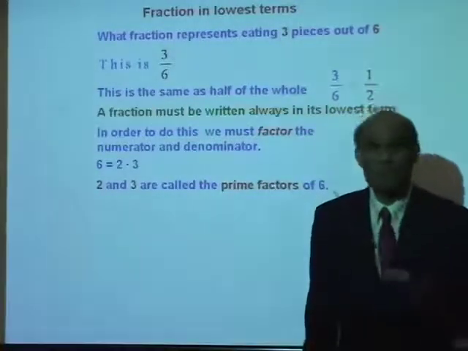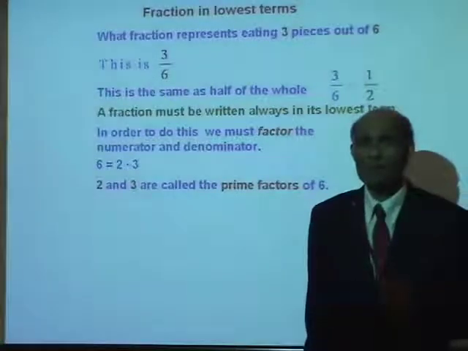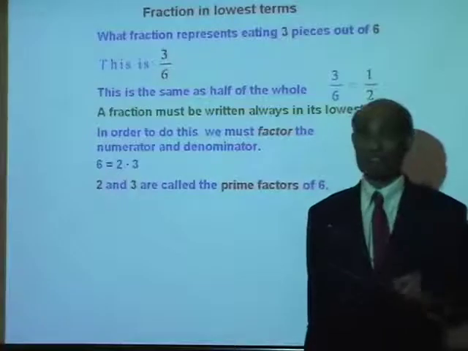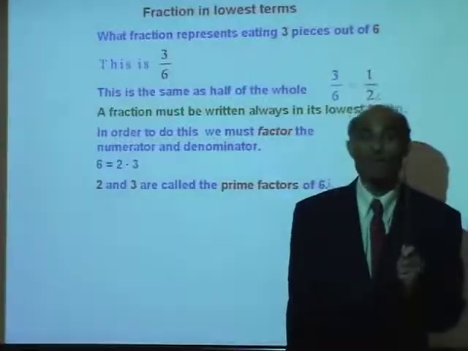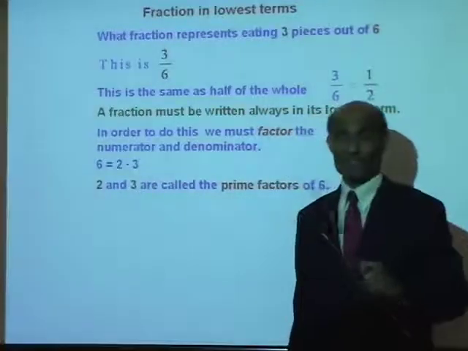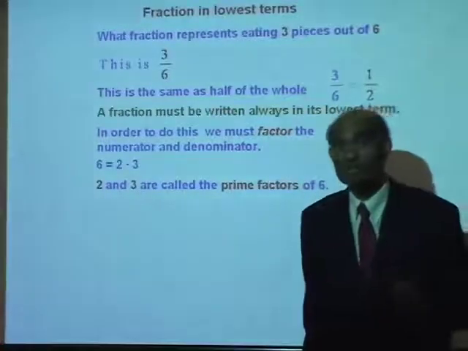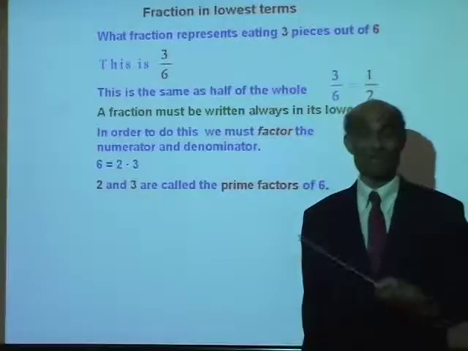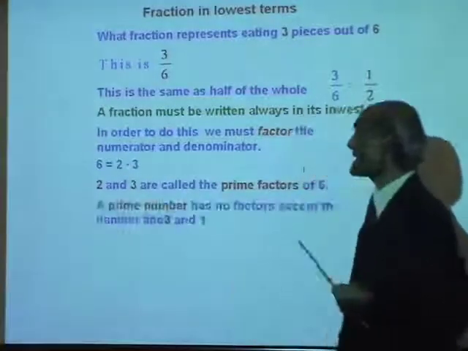What is the meaning of prime number? A prime number is a number that has no other factors except 1 and the number itself. 3 cannot be written as the product of any other numbers except 1 and 3. Is that right? So 3 is a prime number.